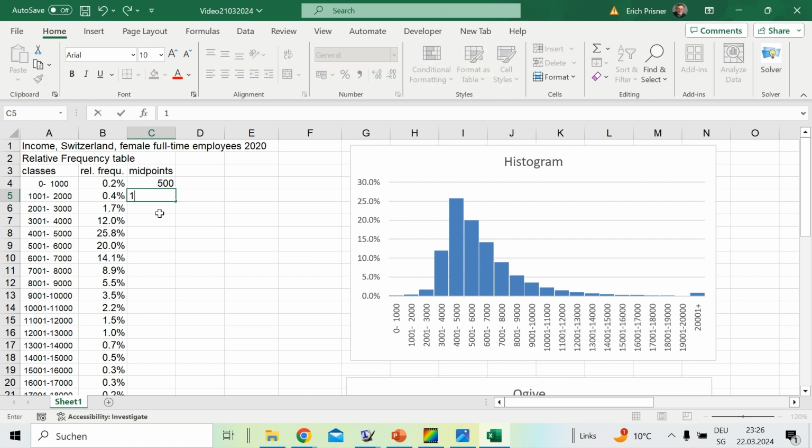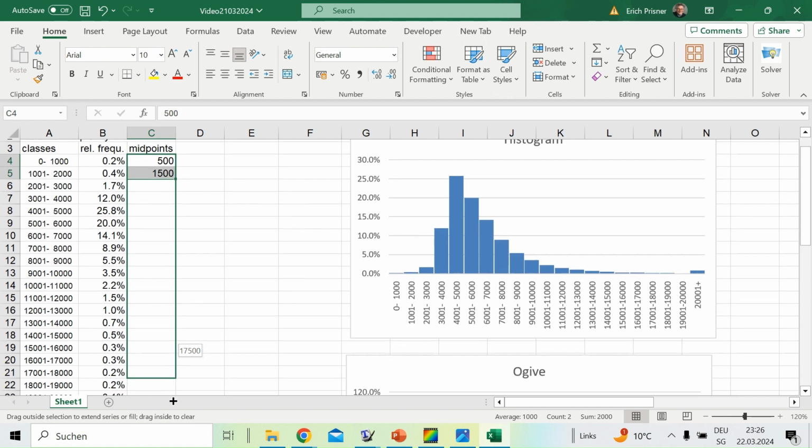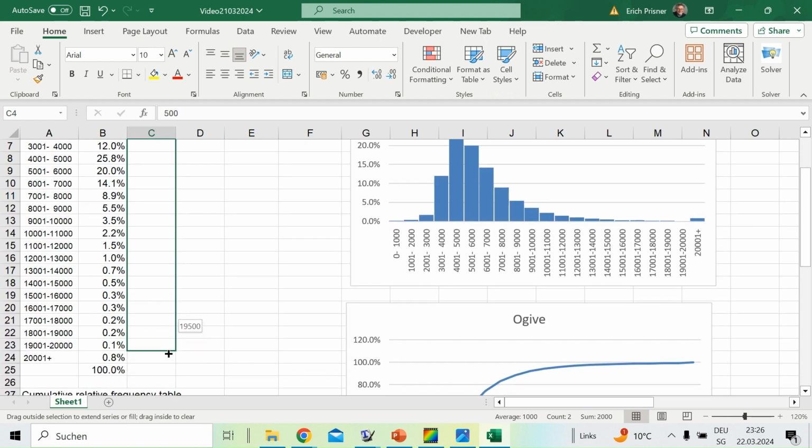And of course, here it's 1,500 and so on. So again, I can speed up a little, filling out this table by just highlighting the first two entries, grabbing this handle, pulling it down. And again, Excel will understand what I'm doing.